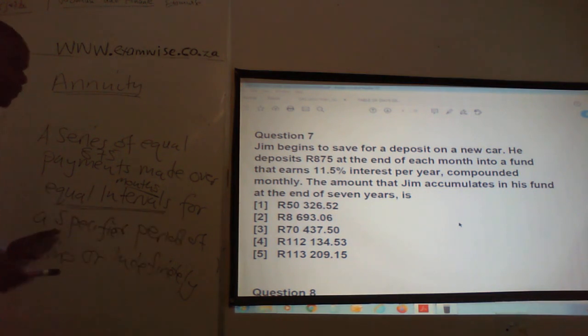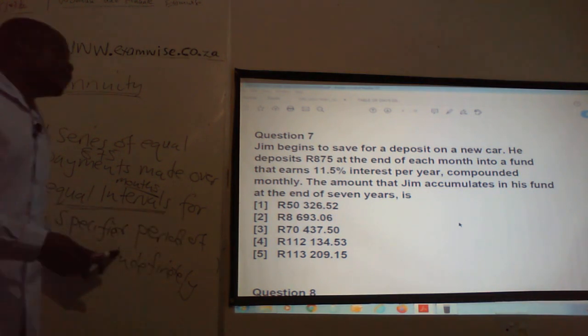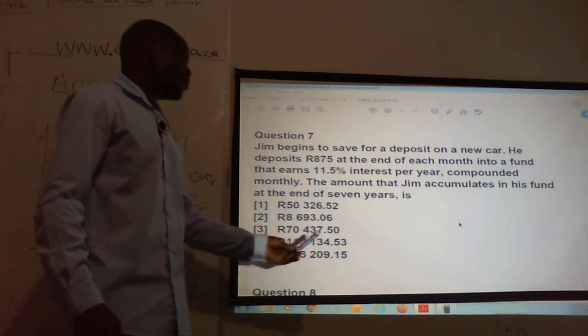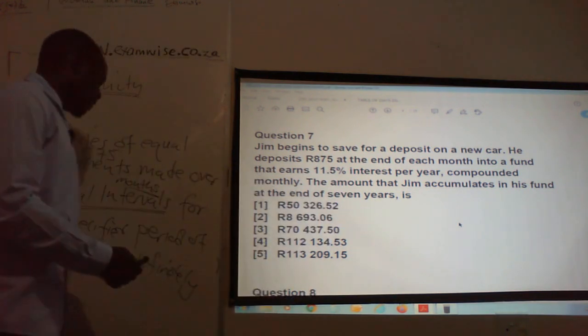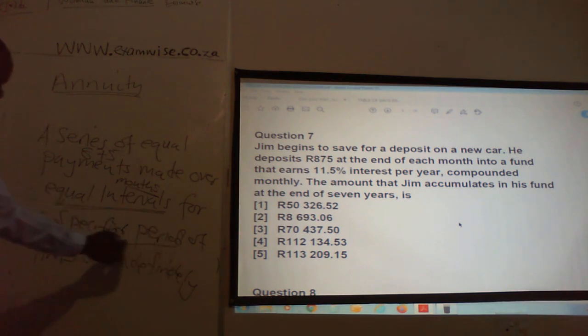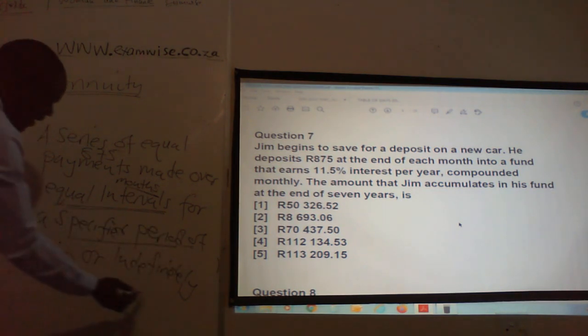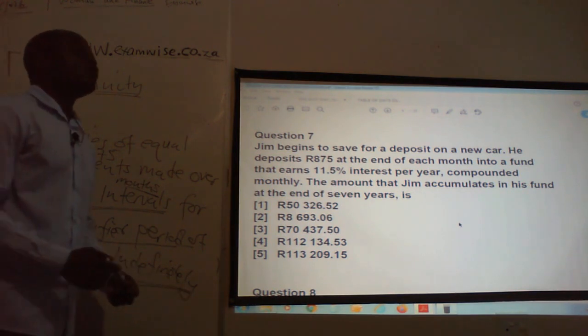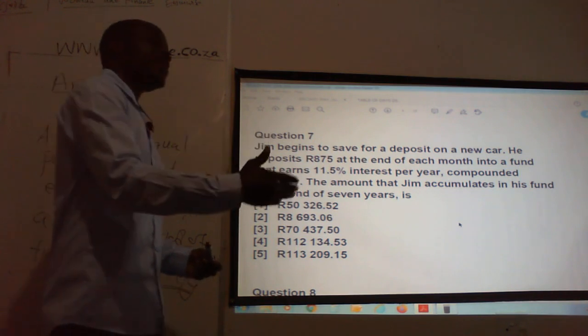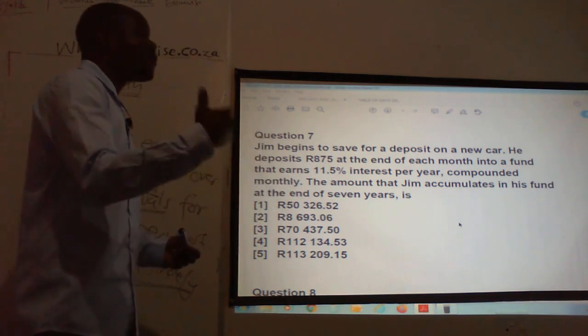Then for a specified period of time, here Jimmy will be depositing for a period of 7 years. And then I said "or indefinitely," because we also have annuities that continue forever.